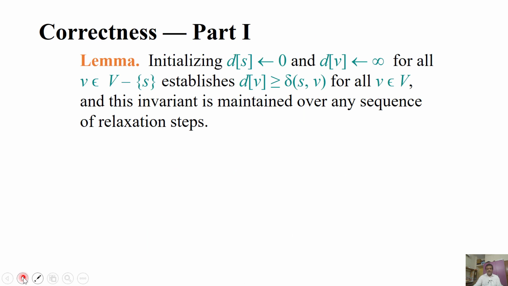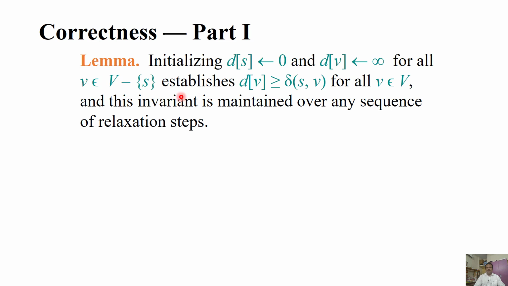Now, we have to prove the correctness of this Dijkstra's algorithm. Okay. So, we will prove the correctness of this theorem in two parts. Part 1: the initial condition of the key values is that we initialize the key value of the source vertex as 0 and all other vertices as infinity.